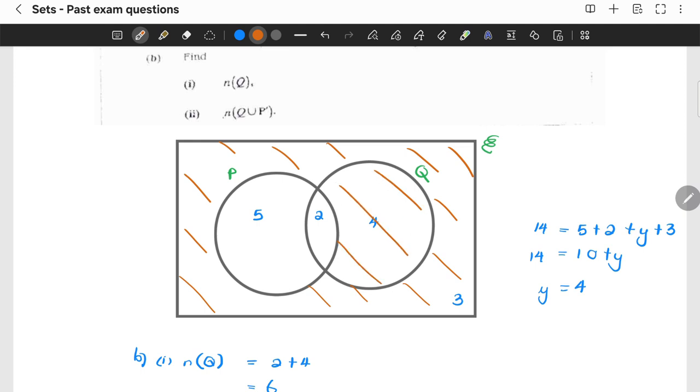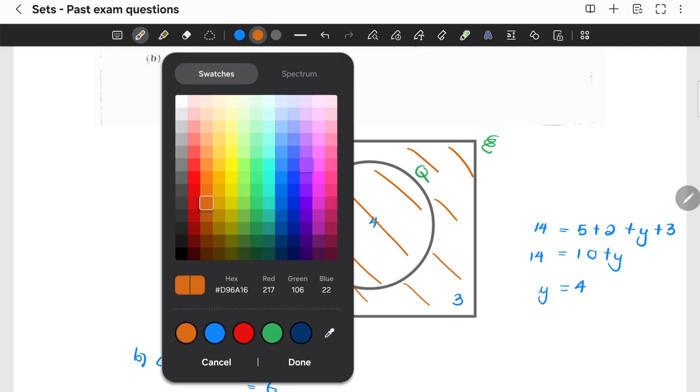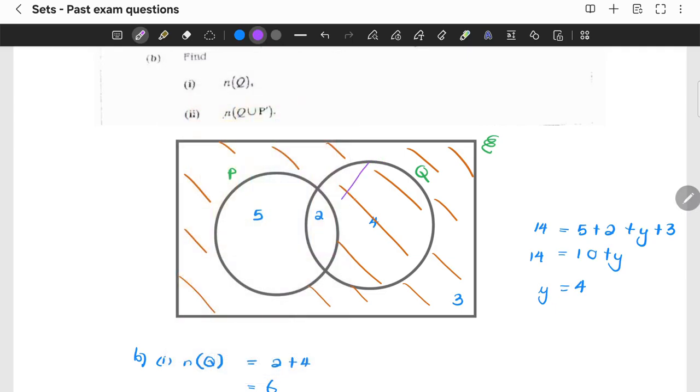Now including what's in Q though, because it says the union, that means including the 4. So I'll highlight that in purple for the union.